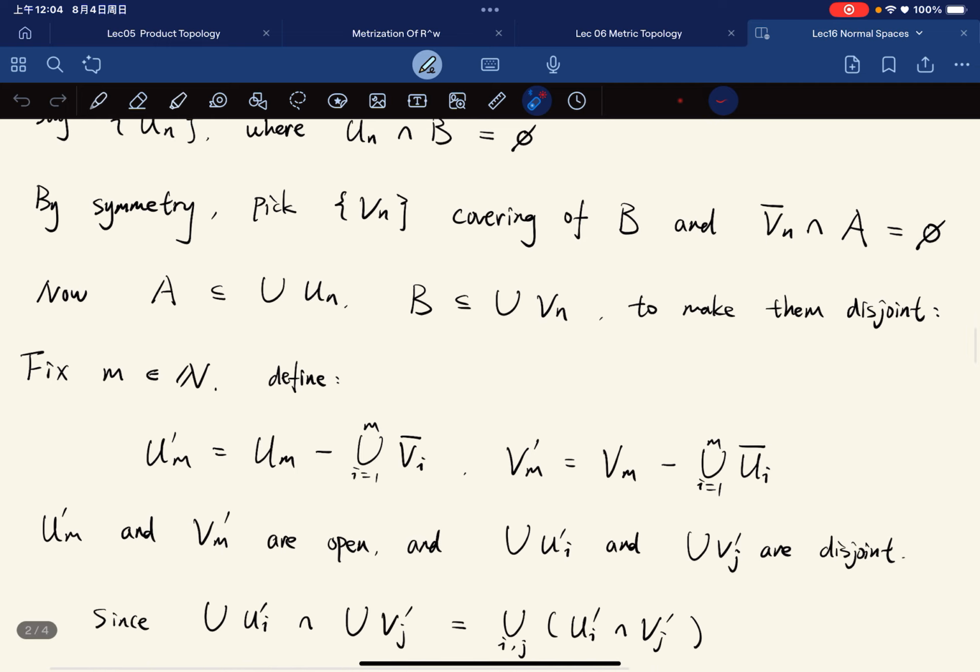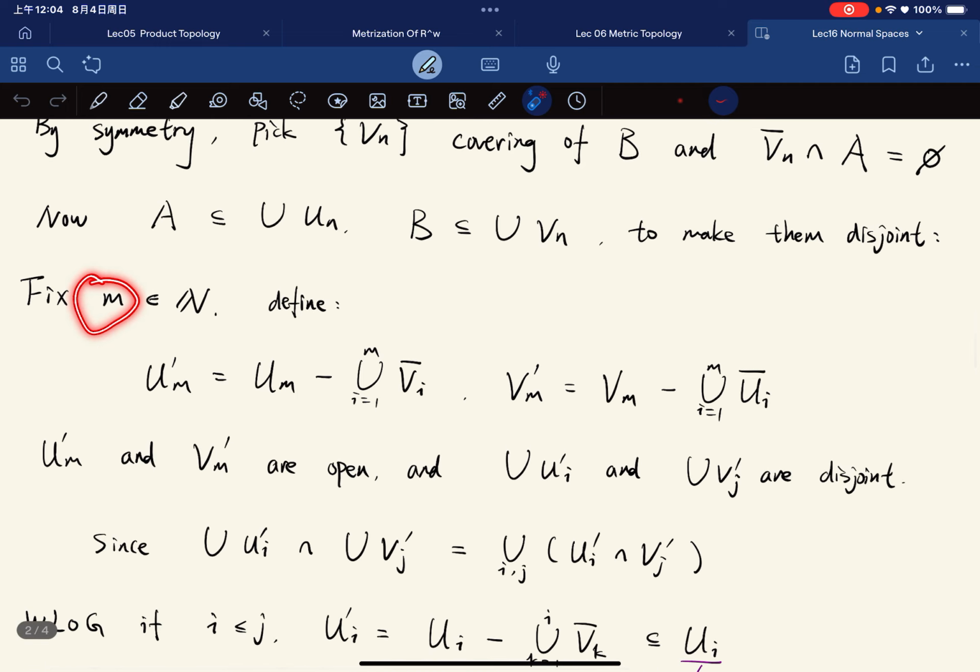So what we're going to do is fix the index m. We define Um prime, the new Um, as our original Um subtract the union of the Vi bars, where i runs from 1 to m. And similarly, our new Vm prime is equal to the old Vm subtract the Ui bars, where i runs from 1 to m.